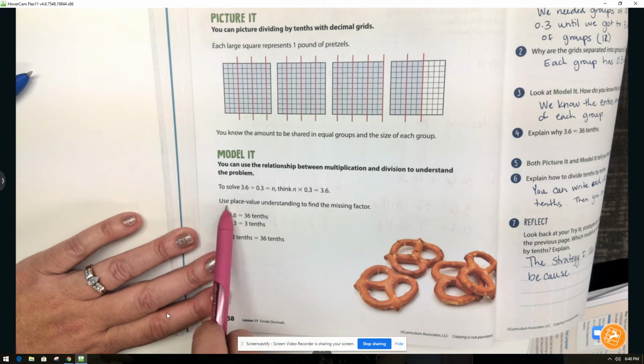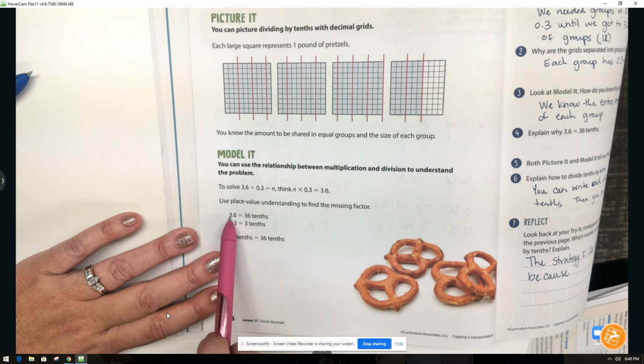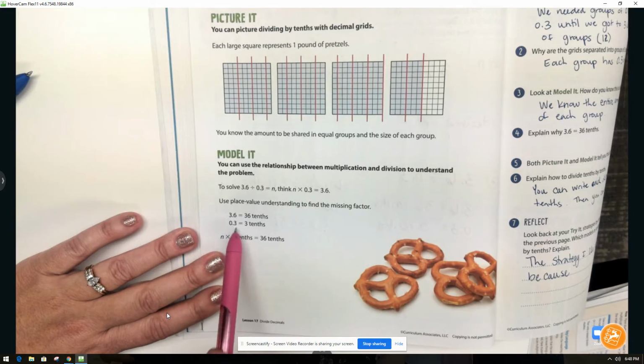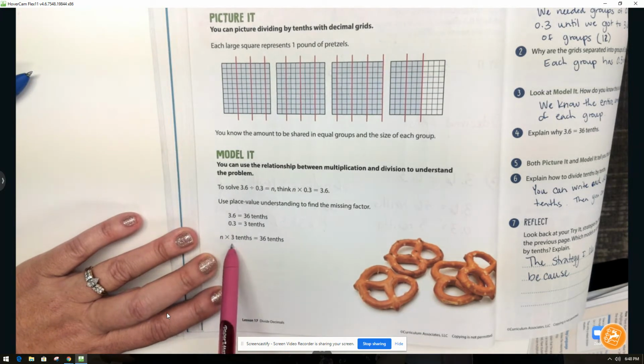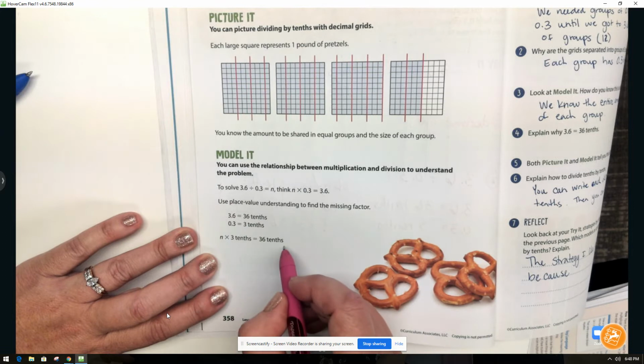And then remember, using place value understanding, we can find the missing factor, so that we know that 3 6/10 is equal to 36/10, and 3/10 is equal to 3/10. So therefore, what number times 3/10 equals 36/10? So remember, any number times a tenth equals a tenth.